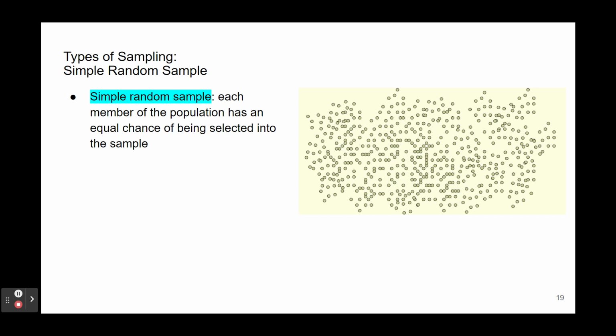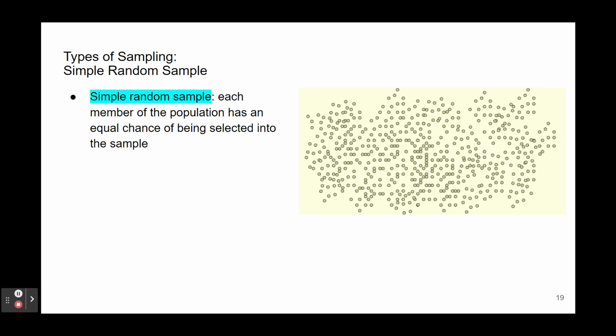Are you with me? Mathematically, one more time: first of all, we need a complete list of the entire population. Number two, we assign exactly the same probability of being selected to everybody, and then select 5,000 or 2,000. That process is a simple random sample, or random sampling.